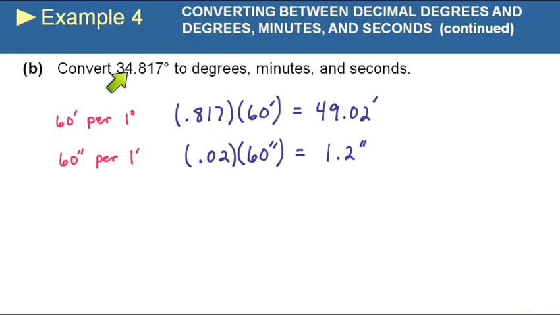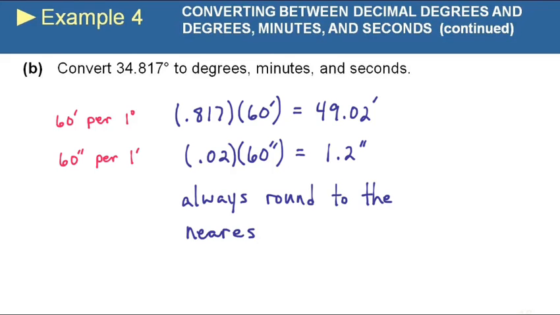So I have 34 whole degrees, 49 whole minutes, and 1 whole second. And we're going to just drop this 0.2 seconds because what we normally do is just round to the nearest second. So the answer is 34 degrees, 49 minutes, 1 second.